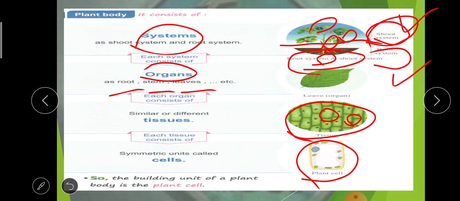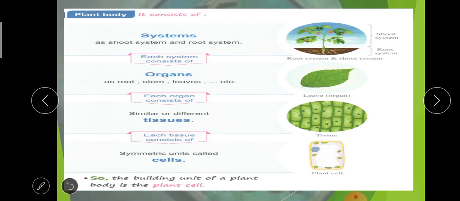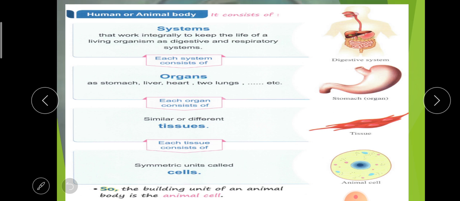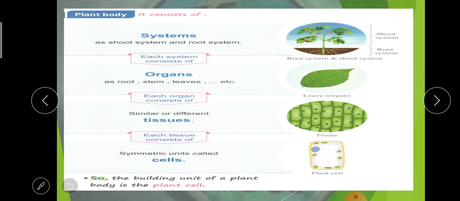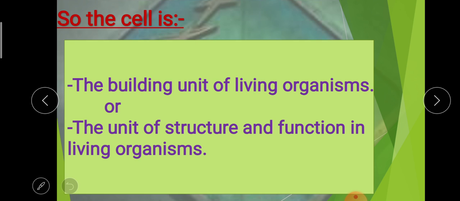The plant cell is the building unit of plant body. Animal cell is the building unit of animal body or human body, but plant cell is the building unit of plant body. So the cell is the building unit of all living organisms, or it is the unit of structure.